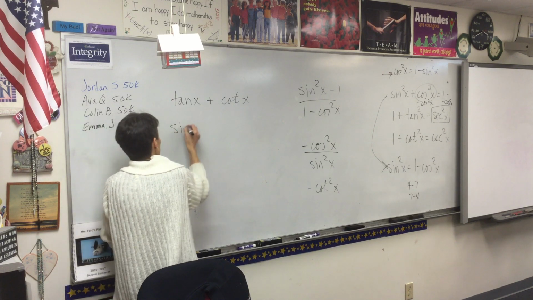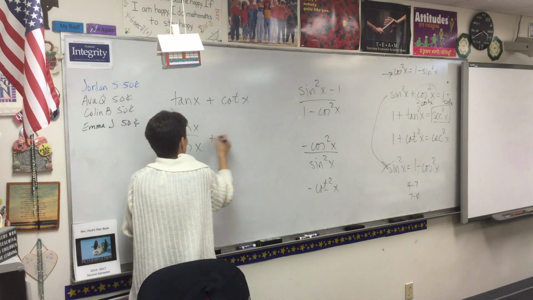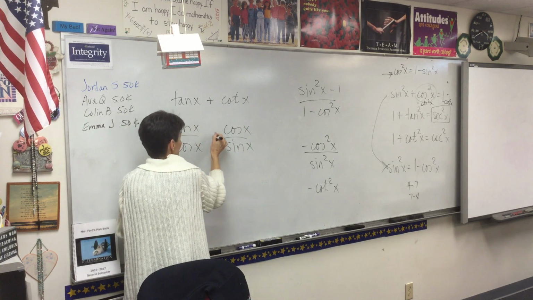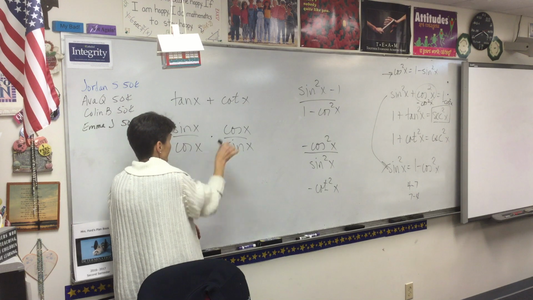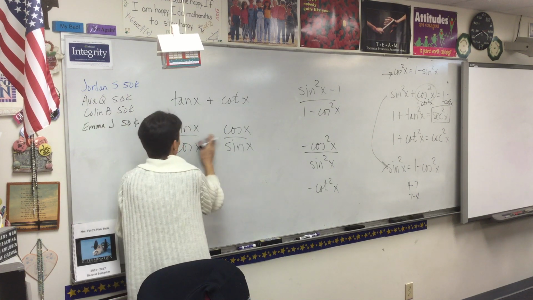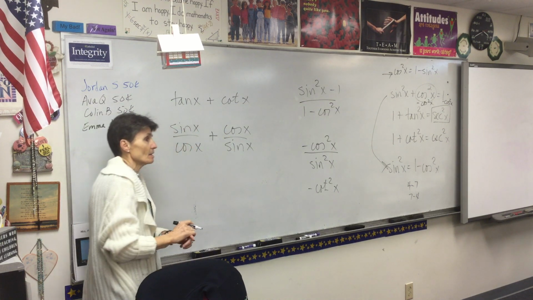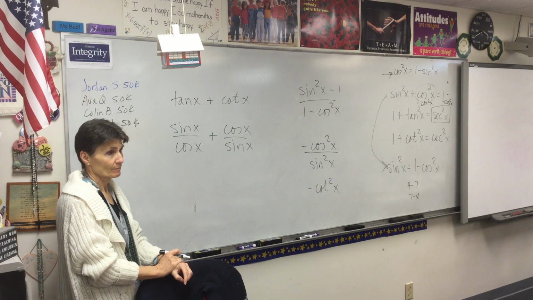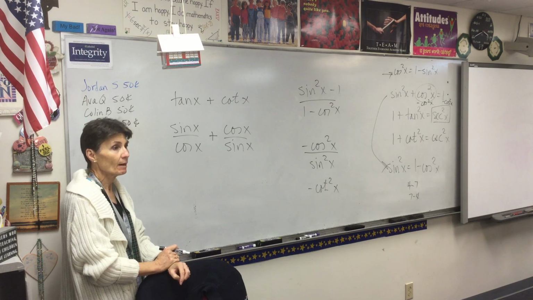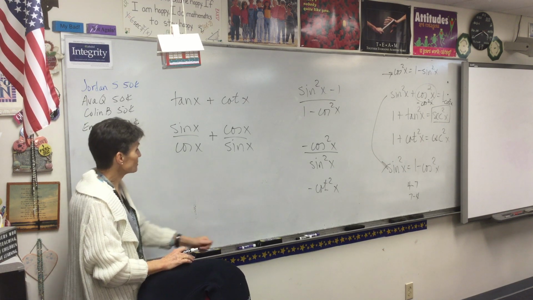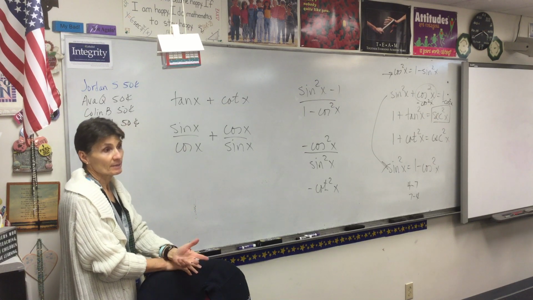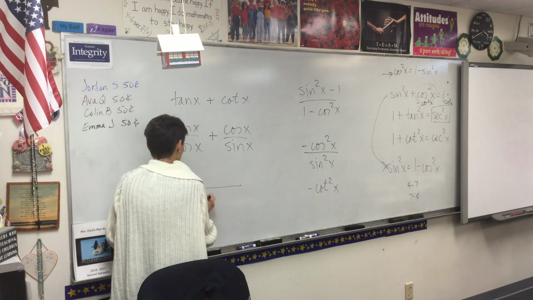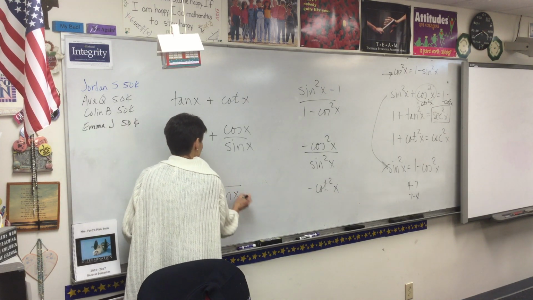So sine over cosine plus cosine over sine. Now, if this were one of those regular problems and this was a times, then everything would just cancel out, right? But it's not, it's a plus. What's different about how we handle a plus? You need to find a common denominator. Bingo, we need a common denominator. And since that's a cosine and that's a sine, the common denominator will be cosine sine. So I'm going to have a denominator that's cosine sine.